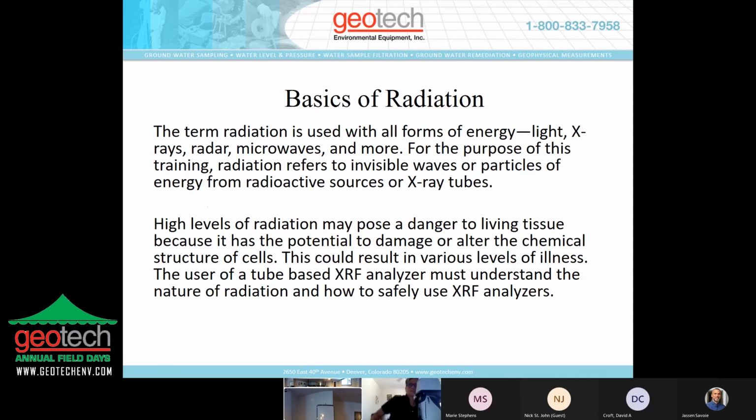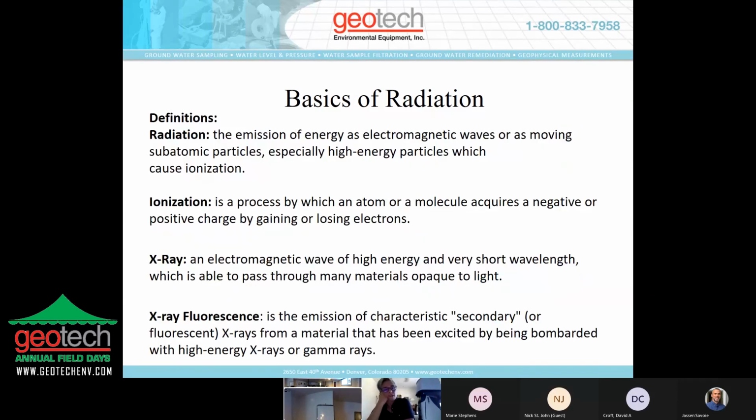So when we're talking about radiation, we're talking about any type of X-rays or waves. There's short wave, anywhere from like a shortwave radio all the way up to high intensity gamma rays from the sun or what have you. But for our purposes here, we're talking about radiation generated by an XRF. Radiation is actually the emission of energy or waves from high energy particles that cause ionization.